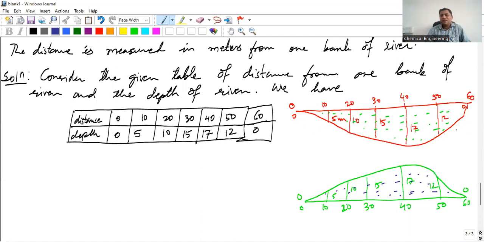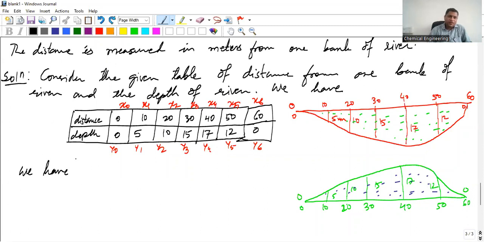That means we have to use the trapezoidal rule, Simpson's 1/3 rule, and then Simpson's 3/8 rule. We have x0, x1, x2, x3, x4, x5, and x6, and y0, y1, y2, y3, y4, y5, and y6. Check whether the conditions are favorable.